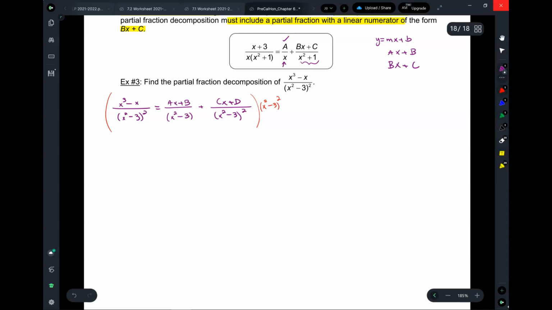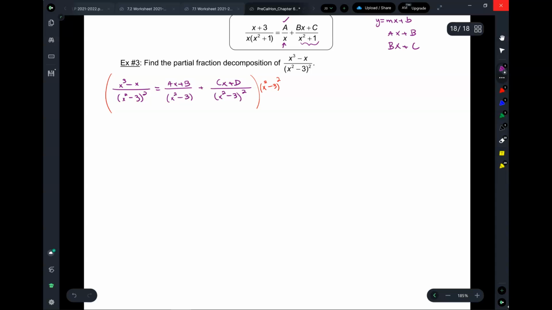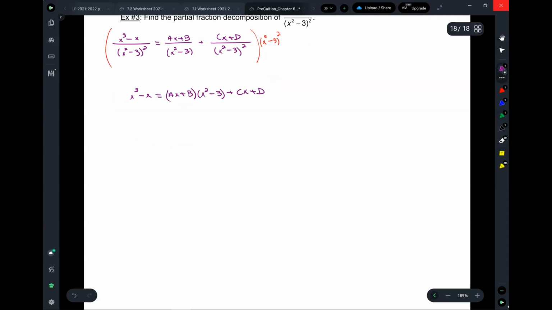Okay. So I get x cubed minus x equal to (ax plus b) times (x squared minus 3) plus cx plus d. Okay, this one's a little different, but fun. I love this. This is my favorite case of all of them.